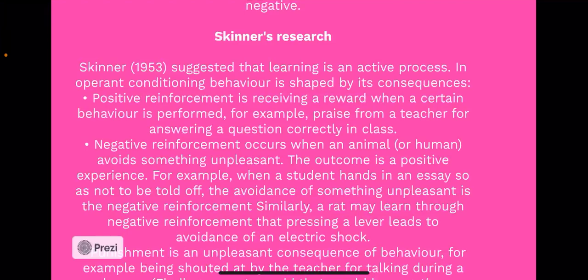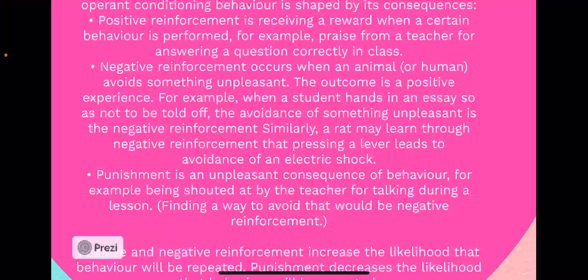The outcome is a positive experience. For example, when a student hands in an essay so as not to be told off, the avoidance of something unpleasant is the negative reinforcement. This links to the rats because a rat may learn through negative reinforcement that pressing a lever leads to avoidance of an electric shock. So avoiding something negative makes you feel better.